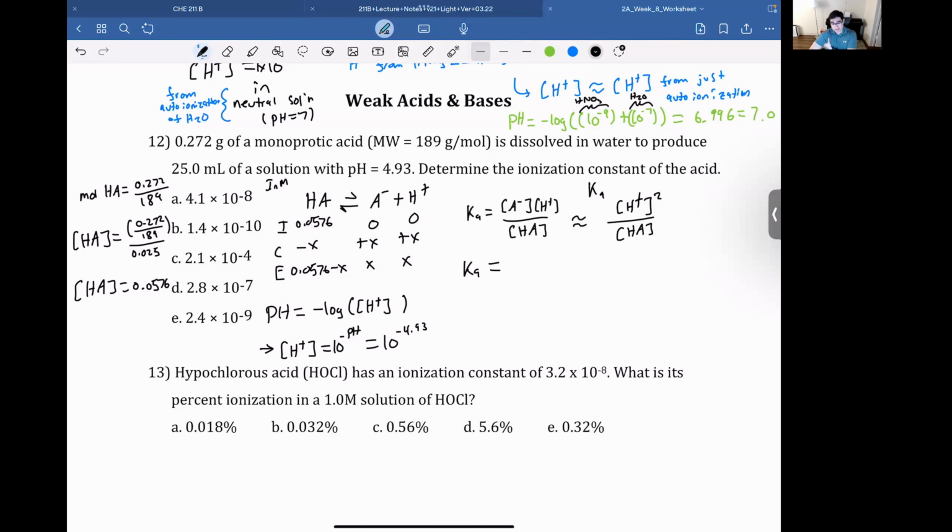So then we go ahead and plug this in. So we have the concentration of hydrogen squared on top. That's going to be 10 to the negative 4.93 squared. The concentration of HA, right? Keep in mind this is equal to X. So it is 0.0576 minus 10 to the negative 4.93, because it's minus X. X is the concentration of hydrogen. And we're subtracting it on the bottom. Then we plug it all in.